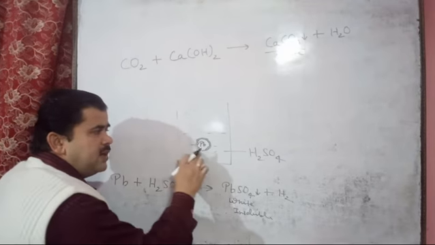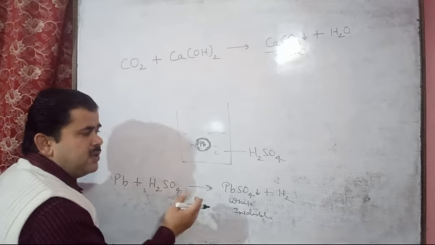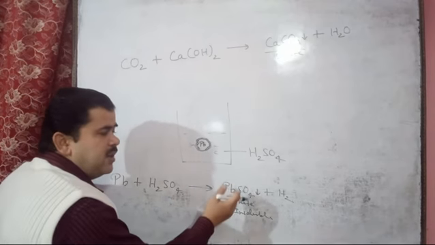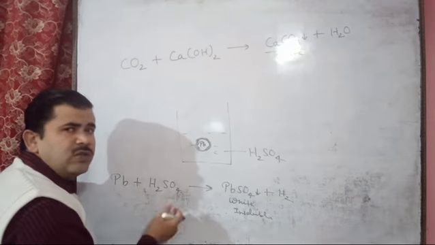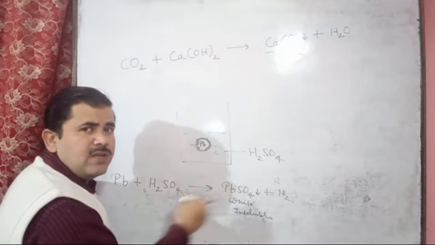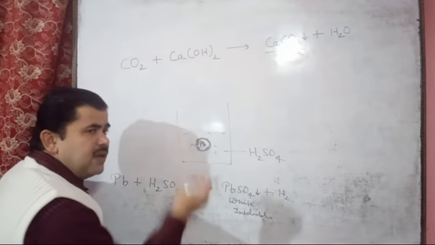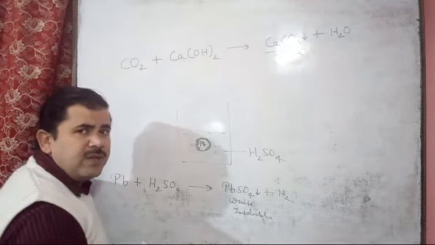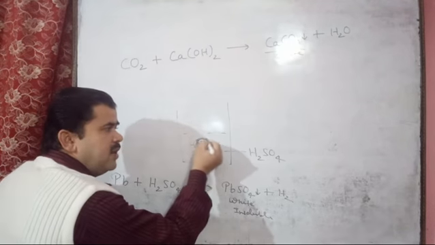When lead reacts with H2SO4 or HCl, if it reacts with H2SO4, it gives lead sulfate plus hydrogen gas. If it reacts with hydrogen chloride, it gives lead chloride, PbCl2, plus hydrogen. These are insoluble precipitates, and they cover the surface of the lead.